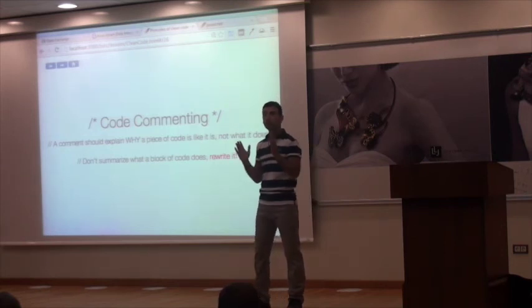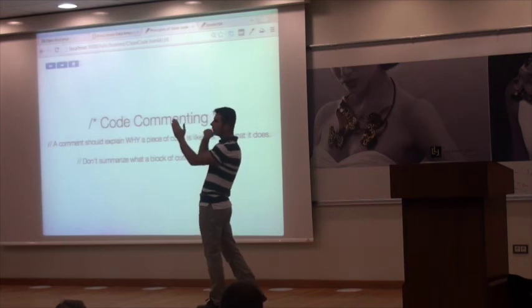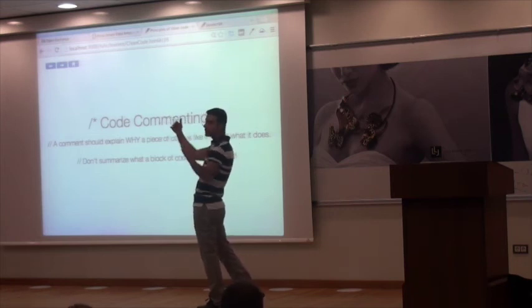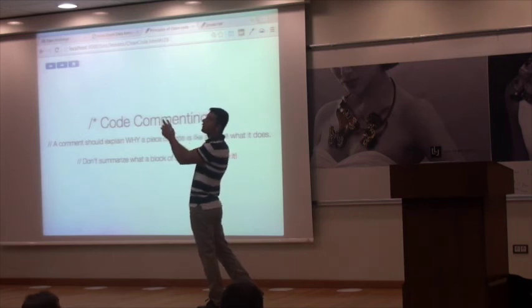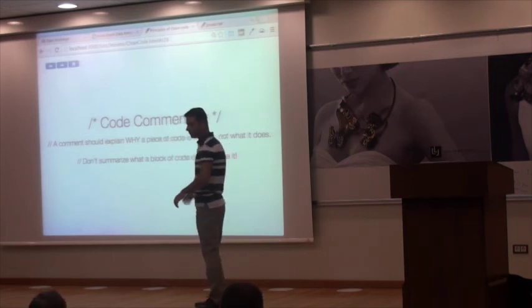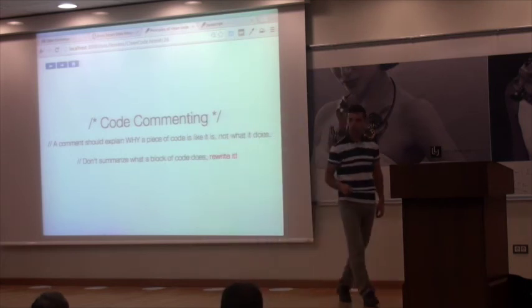Okay? Your code should be obvious. When you read it, it should read almost like sentences. If you wrote code that is so complicated that you think you need to comment about it so that the next poor person that has to read that code can understand it, throw it away. Do it again. Okay? Refactor, clean it up, get it right.